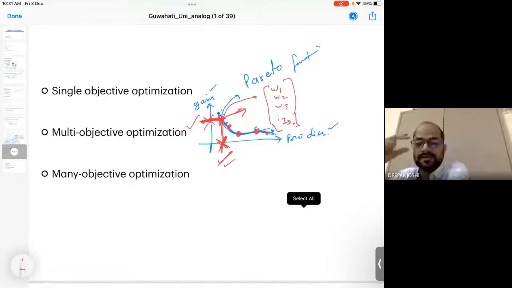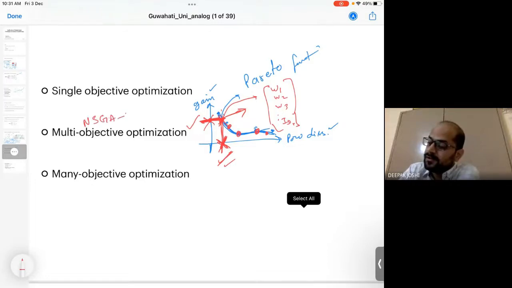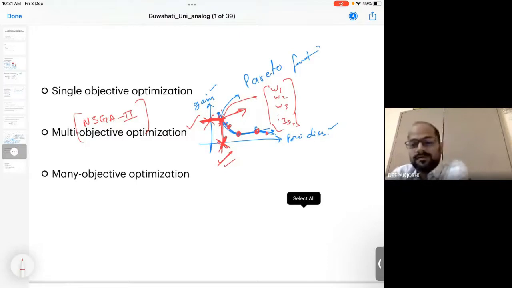Many good papers are there on multi-objective optimization, and who would not have heard about NSGA-II, probably the most cited paper in the history of engineering. It is from IIT Kanpur. Professor Kalyanmoy Deb is there right now, or associated with some university in the USA, I think.